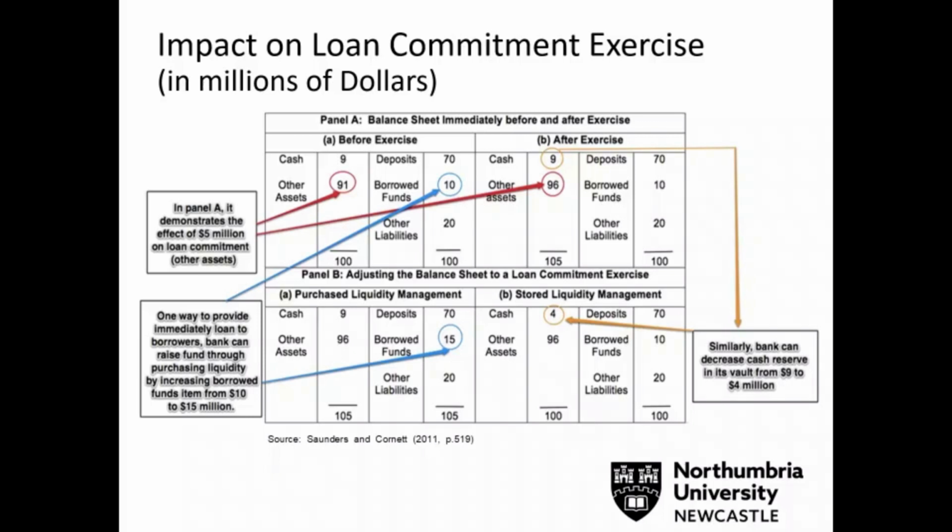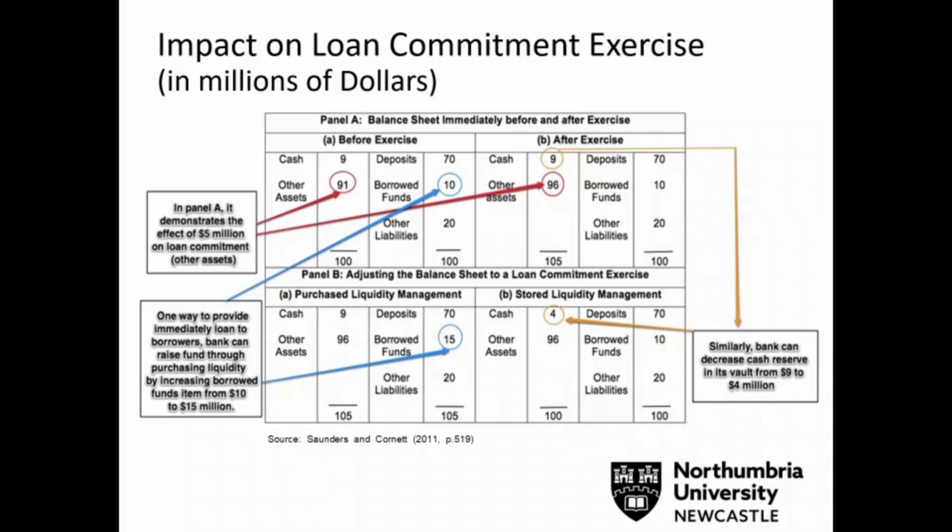Then panel A, B, the top right, shows us this extra commitment on the asset side, with other assets increasing from 91 to 96. And that's because we have borrowed, and that is additional cash that can be used on the asset side.